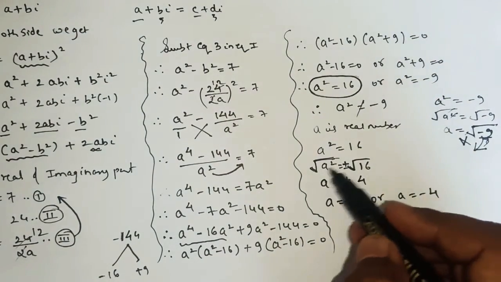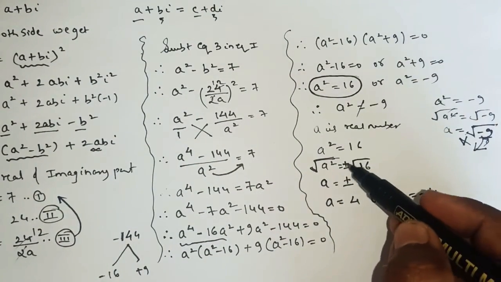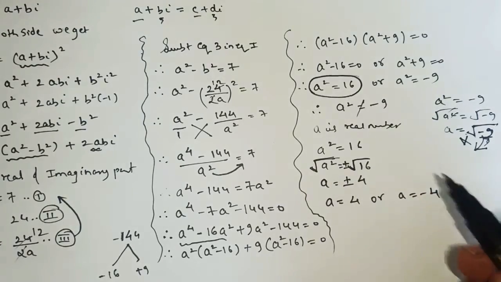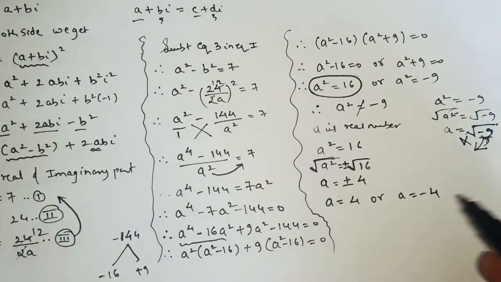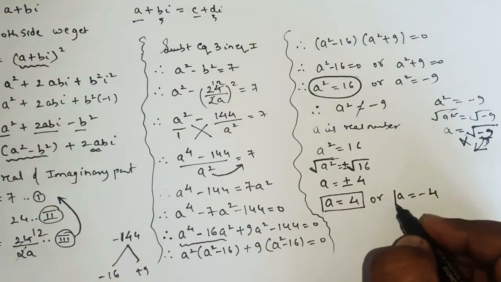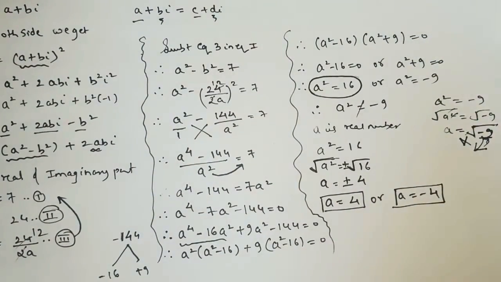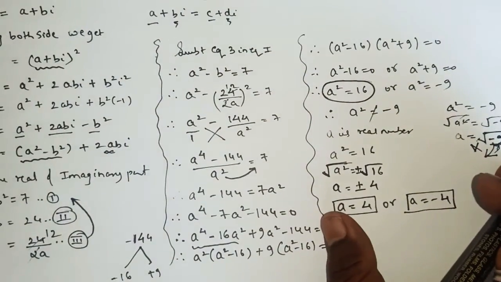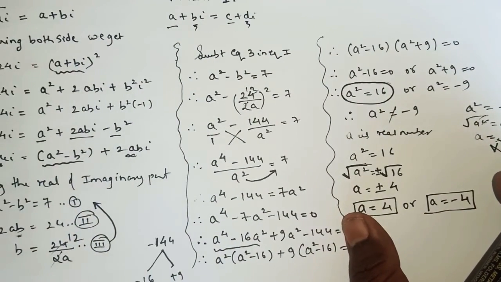So when you take the square root on both the sides, you will get two answers, one positive and one negative. If you are getting two answers of a, of course you will get two answers of b also. Now how to find the value of b here? It is very simple.